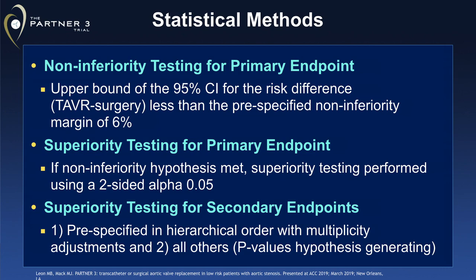So based upon the calculation, they needed at least 864 patients, but they actually ended up enrolling 1,000 because sometimes you do lose patients to follow-up or patients withdraw or other things happen where you lose data on some patients.